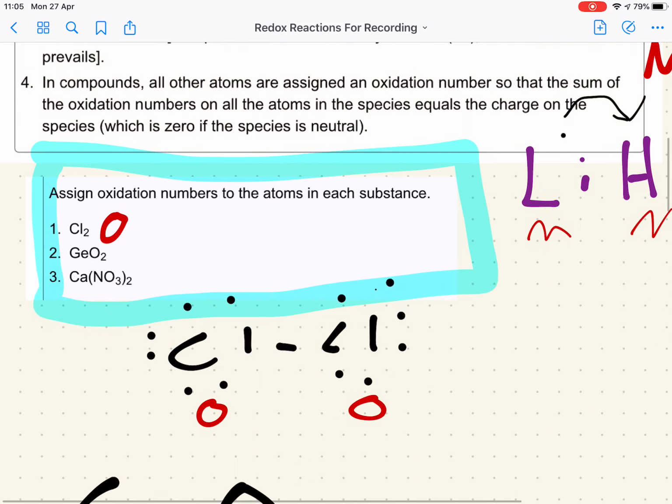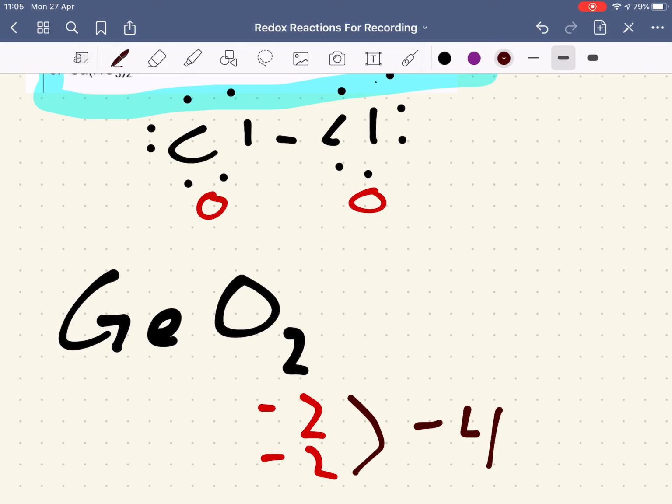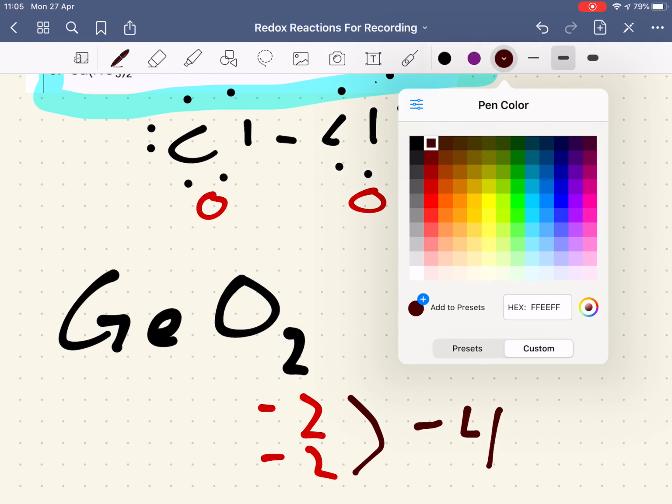The species here is this GeO2. This is a neutral compound. I know that because there's no plus or minus written next to it. So we can write a little math problem about this.